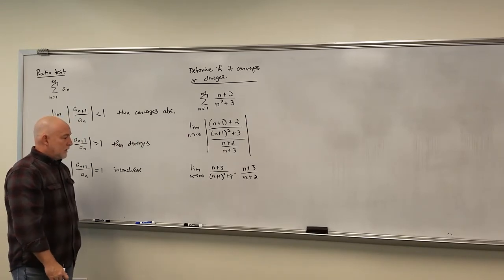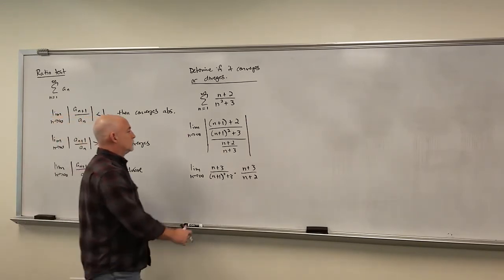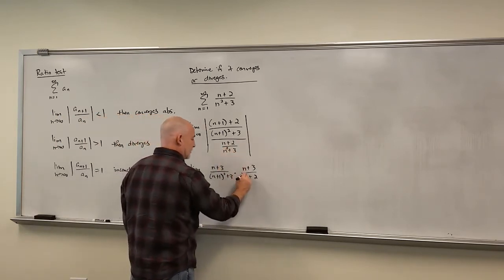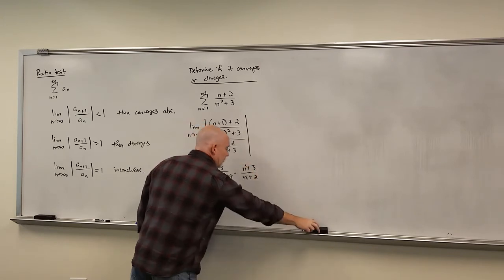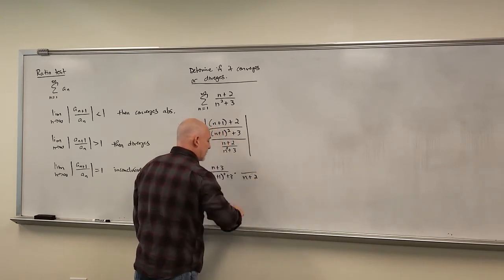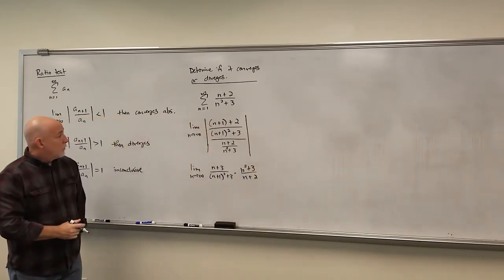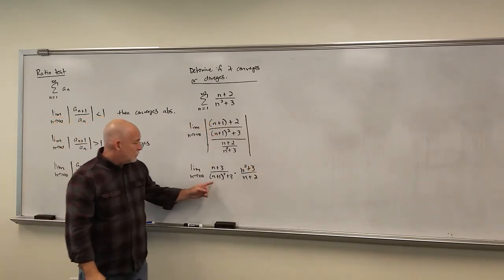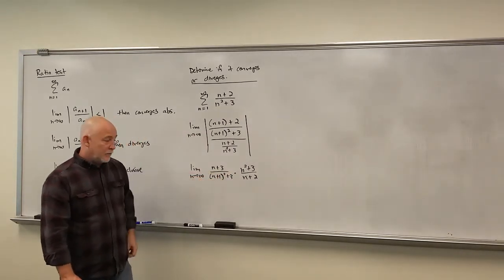All right, what's going to happen here? Oh, look, that's n squared. Sorry, n squared. Okay, so what's going to happen here? Well, if you think about this in terms of polynomials, we could distribute all this out on the top.